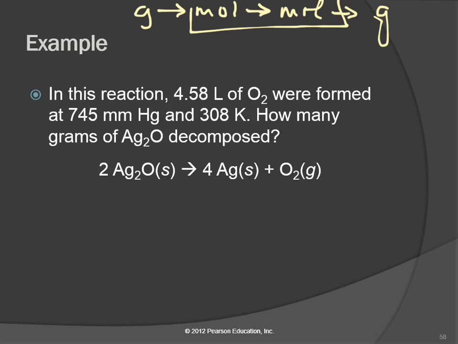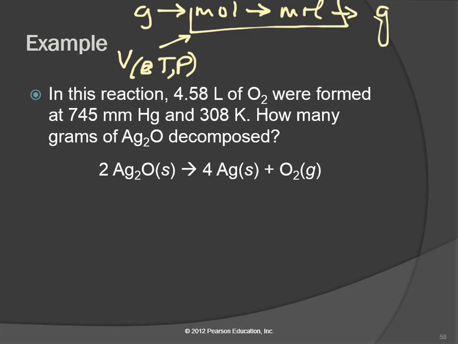The ends can be different. Instead of a mass of a reactant, we could have a volume of a gas at a particular temperature and pressure. In that situation, we use the ideal gas law to take this information and convert it into moles. And then we continue on and we can find mass of product. Or volume of a gas could end up as one of the products.